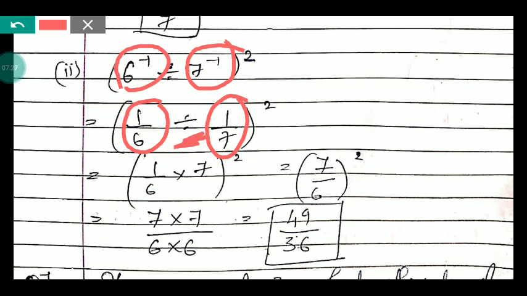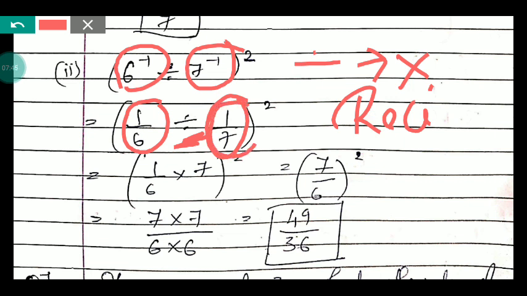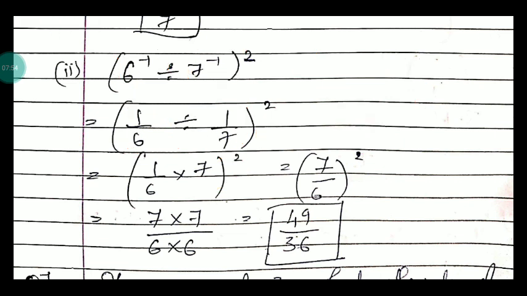Whenever you want to change the sign division to multiply, you always take the reciprocal of the number. So here, for changing the sign division to multiplication, the 1 upon 7 that we have obtained is turned into 7. Again the reciprocal is done for changing the sign, and the power 2 remains as it is. Simplify and get the answer.